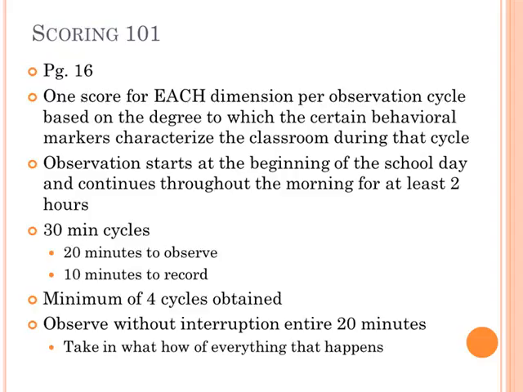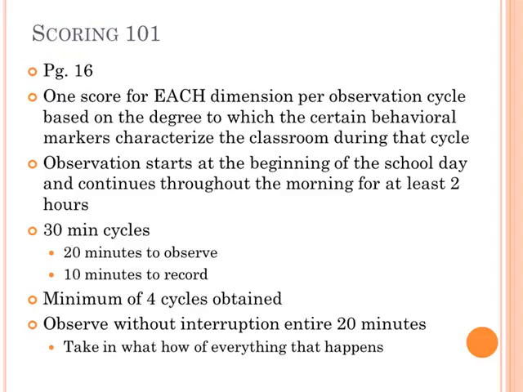You don't start your next observation cycle until the beginning of that 30 minutes again. So if you start observing at 10 o'clock, you observe from 10 to 10:20, you write things down from 10:20 to 10:30, and you start observing again at 10:30. You observe until when? 10:50. 30 plus 20 is 50.